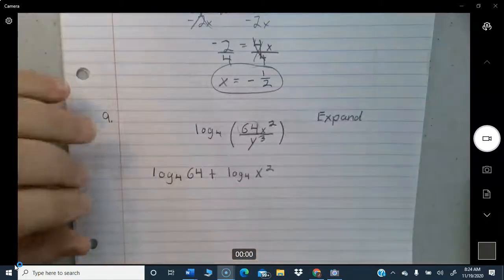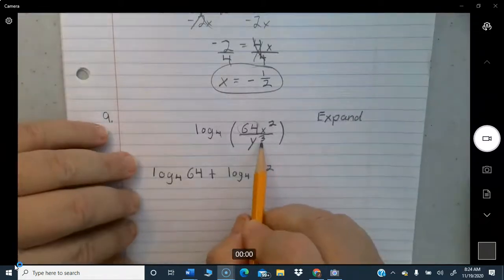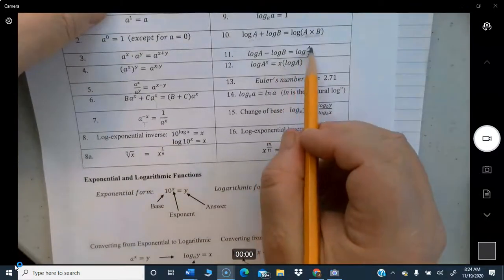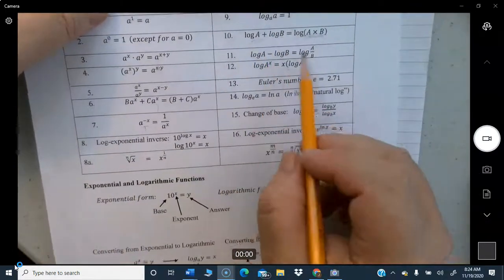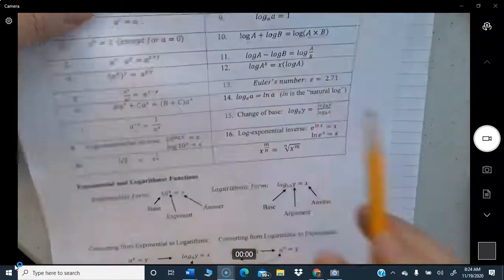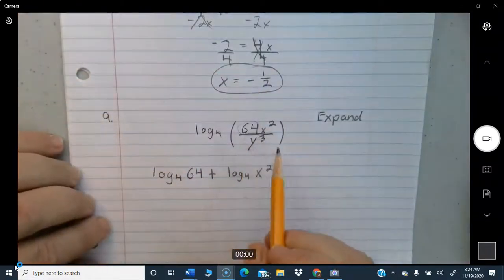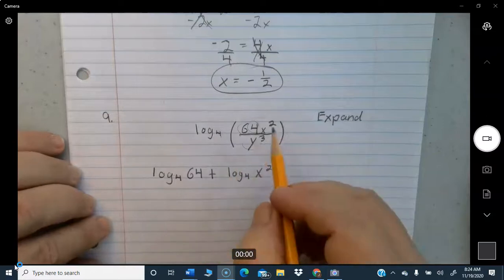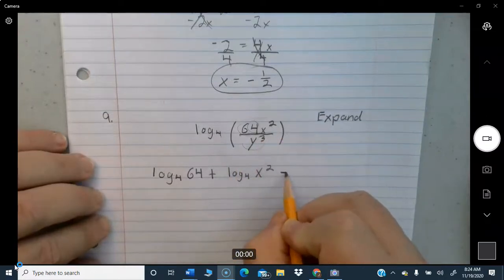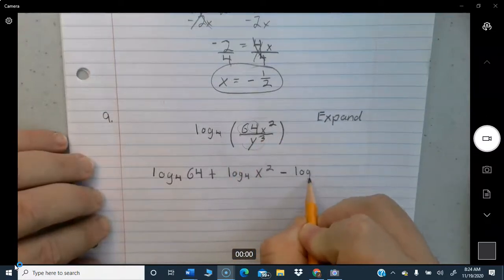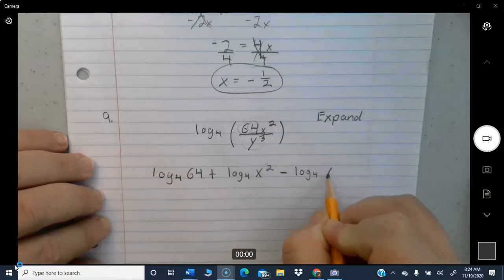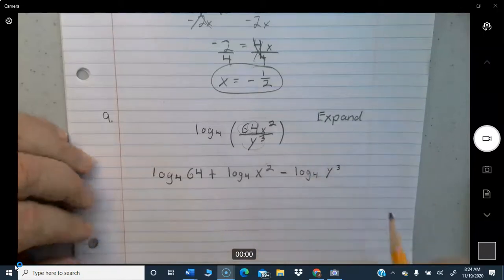That's that rule right there. Now it's divided by y to the third, and that's going to be a subtraction. All of this that you have is A, and then the B is this. So it's just going to be minus log base 4 of y to the third.